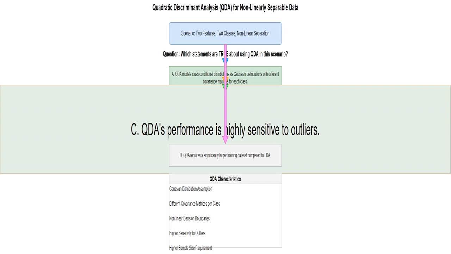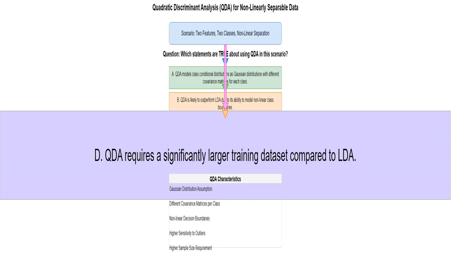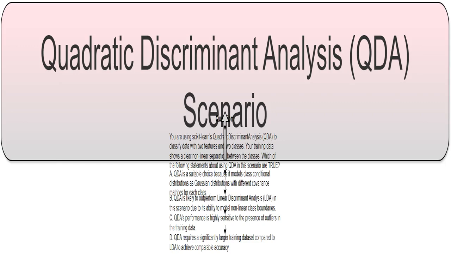Outliers can greatly affect the estimation of the class covariance matrices, which are critical to my performance. This is true. Since I estimate more parameters, I need more data for reliable results than LDA, which has fewer parameters.